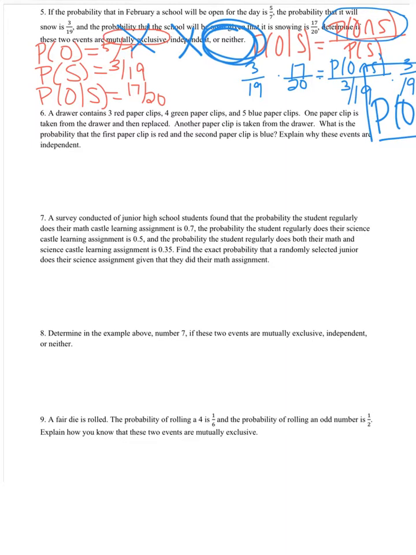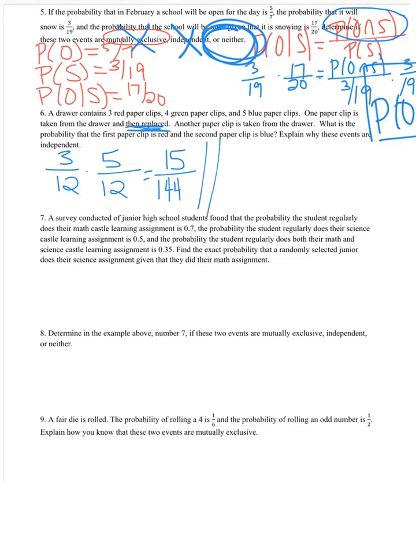So if the first paper clip is red, we have 3 red ones out of 3 plus 4 plus 5 is 12 total. Then, that the second one's going to be blue, we have 5 out of, because we have this then replaced, it's still out of 12. Okay, so this gives me 15 out of 144.